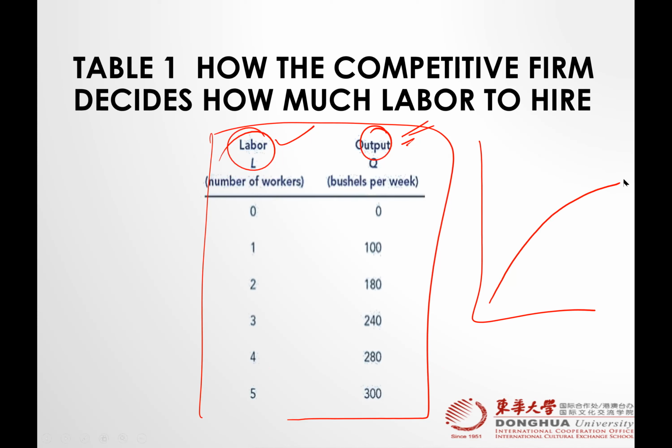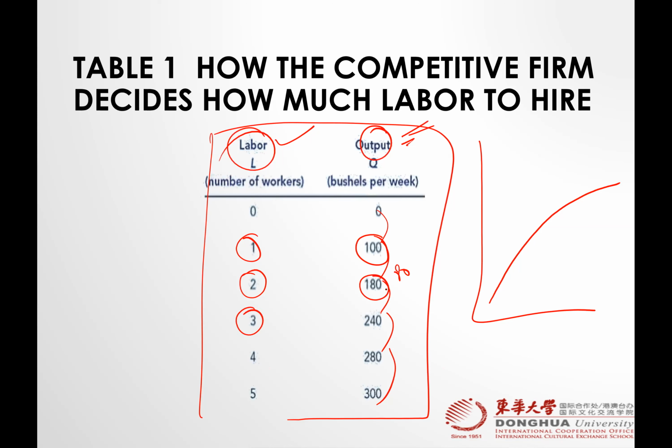But there is one property we talked about over there, the diminishing marginal property. If we hire one worker, he can pick 100 bushels of apples per week. But if we hire a second worker, the total is going to be 180 bushels, which in total is higher, but in terms of the individual person we added, it is just adding 80 bushels.